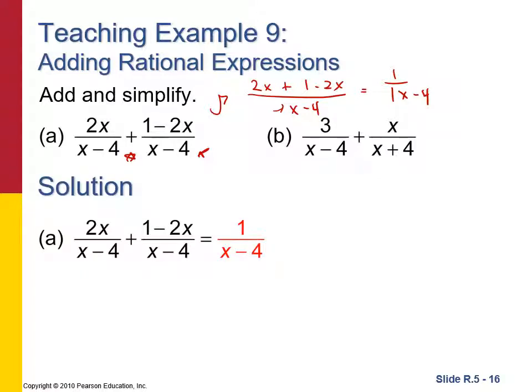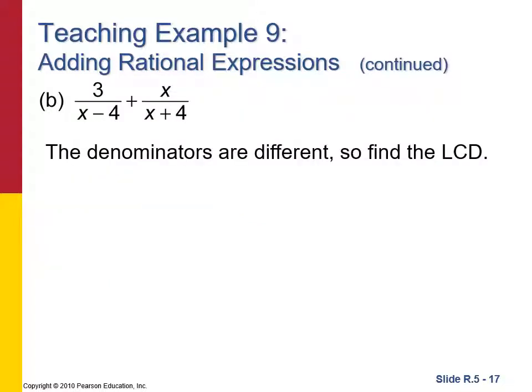Now notice these are not the same. Okay, but if you remember, we can multiply by the difference of squares, and it'll give us the same denominator. So I'm going to write this out over here.